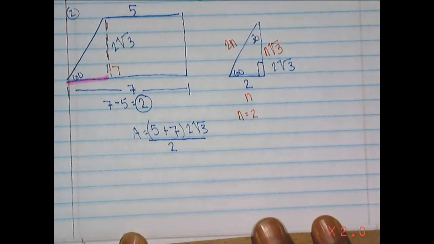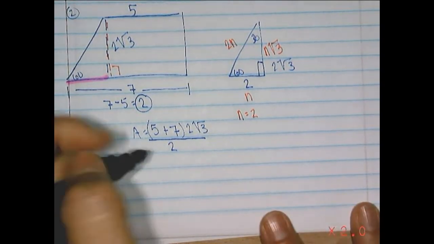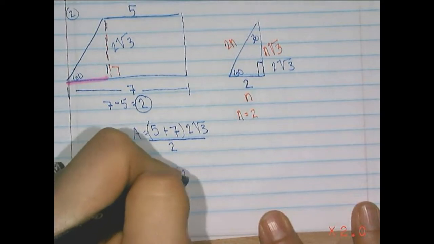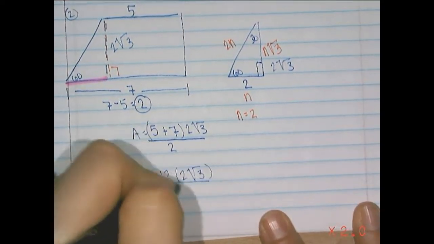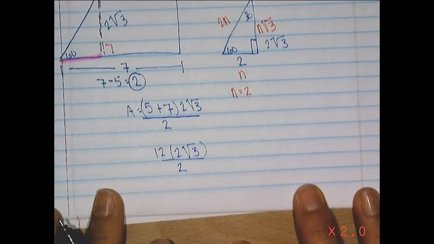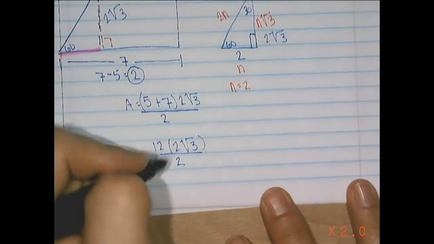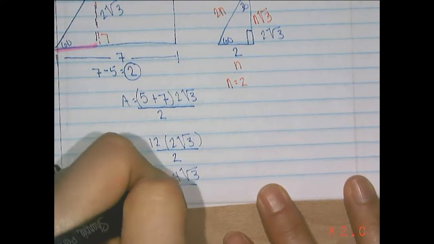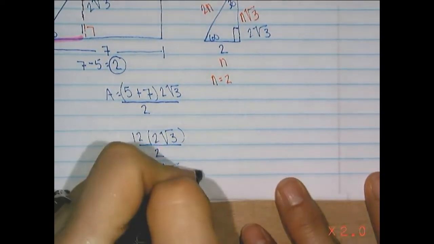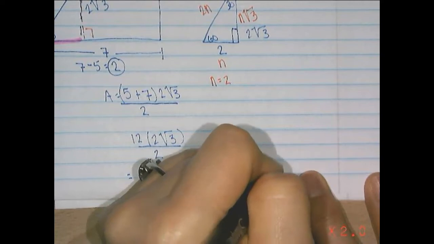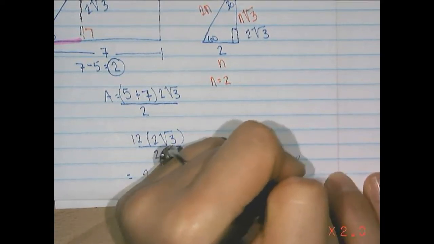I'll simplify a little bit further. 12 times 2 rad 3 divided by 2, which is 24 rad 3 divided by 2, which simplifies down to 12 rad 3 units squared.